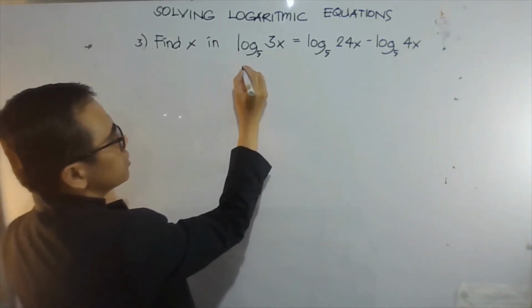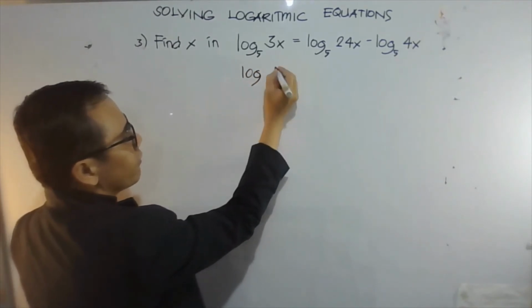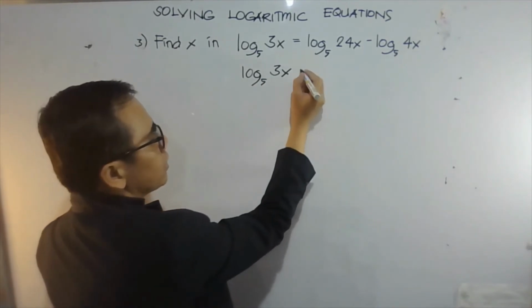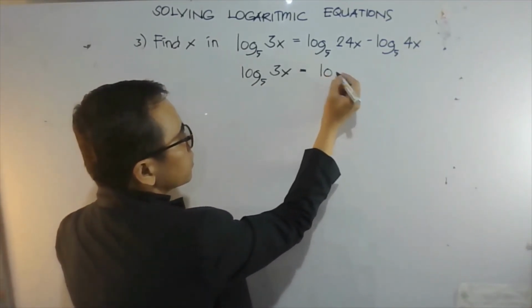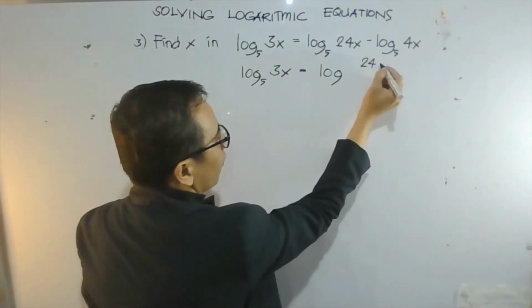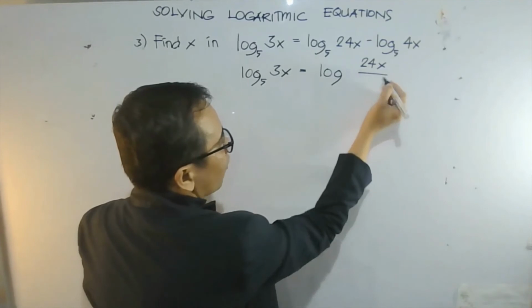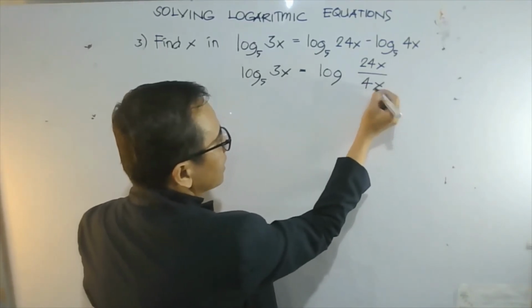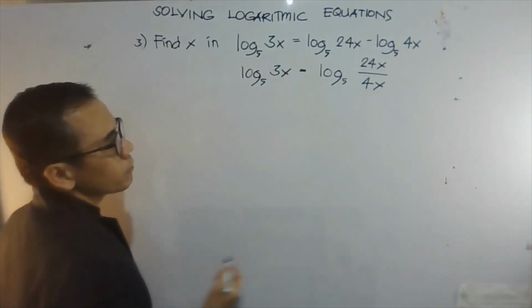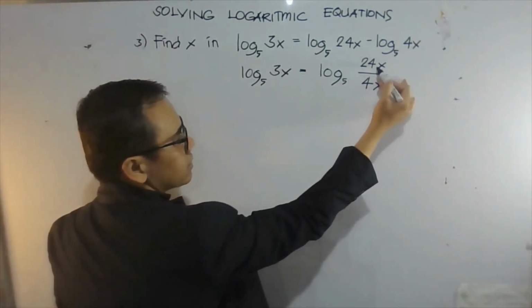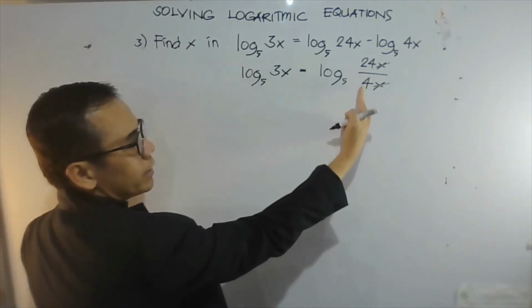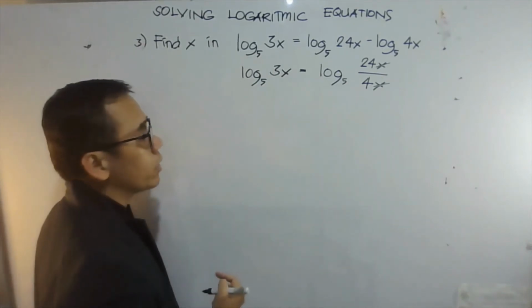So it is now equal to log of 3x base 5 is equal to the log of 24x over 4x base 5. In here, we can already eliminate x, and then we have 24 divided by 4, which is equal to 6.